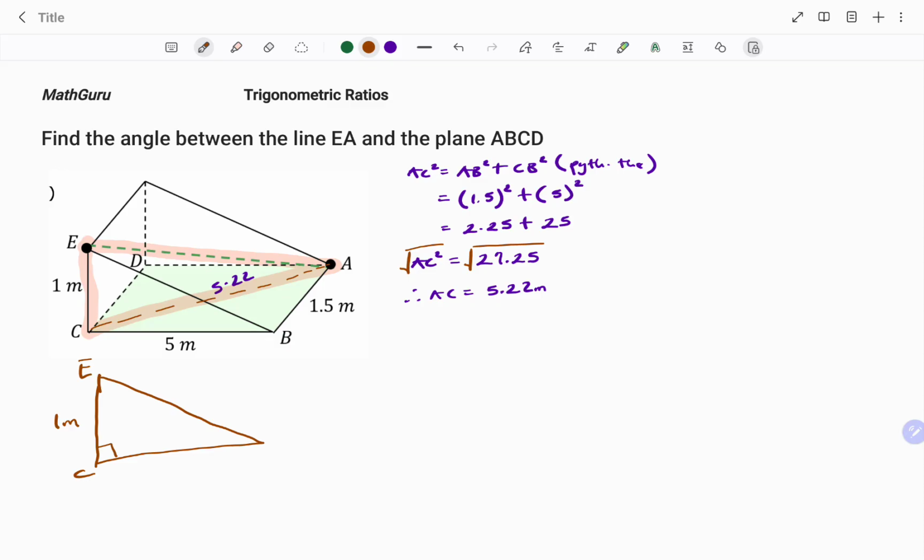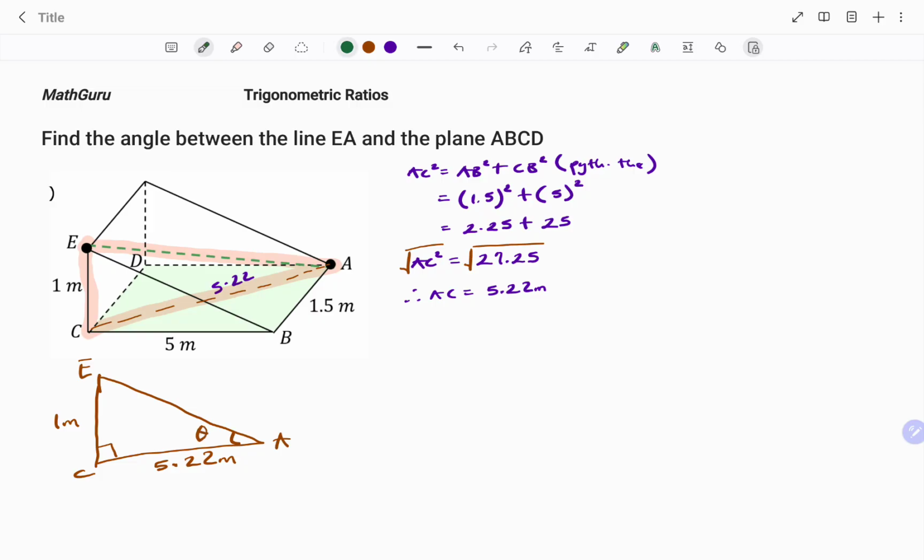I was able to find the distance between C and A, or AC, that's 5.22 meters. The question says, find the angle between the line EA and the plane. So I have my missing angle, I'm going to call that theta.